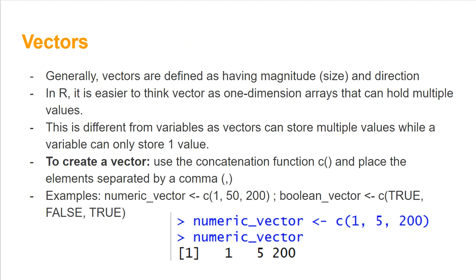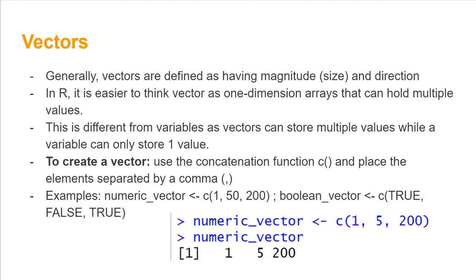After variables, we move on to vectors. Generally, vectors are defined as having magnitude and direction. In R, it is easier to think of a vector as a one-dimensional array that can hold multiple values. This is different from variables as vectors can store multiple values while a variable can only store one value. To create a vector, we use the concatenation function c, parentheses, and place the elements separated by a comma.